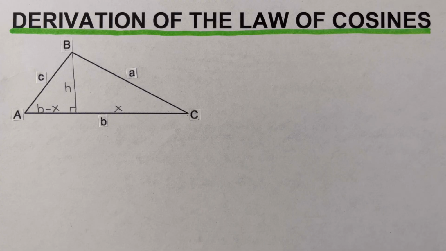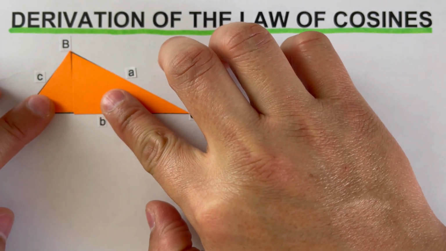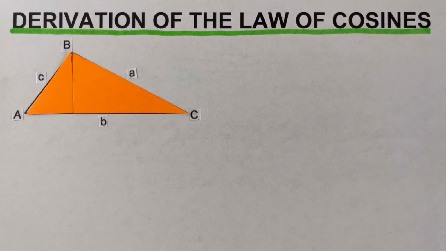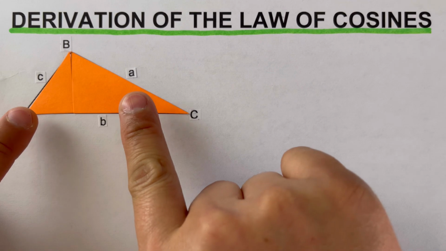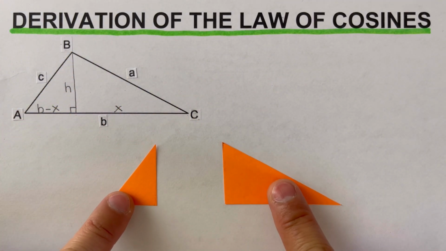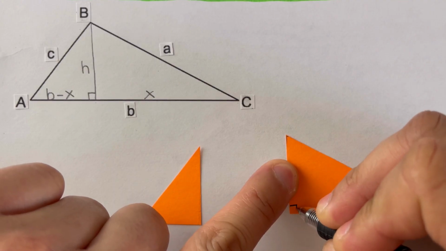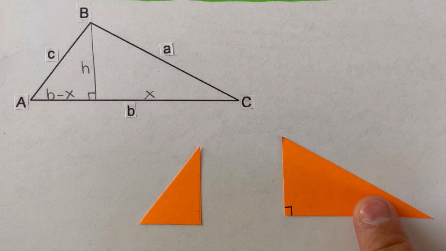To better understand this, I have created these two triangles right here, and this matches up with the oblique triangle that we started with at the beginning. I actually cut it into two pieces. First, this is a right angle on this spot right here.